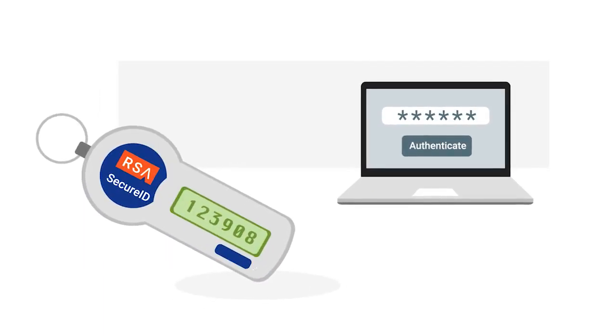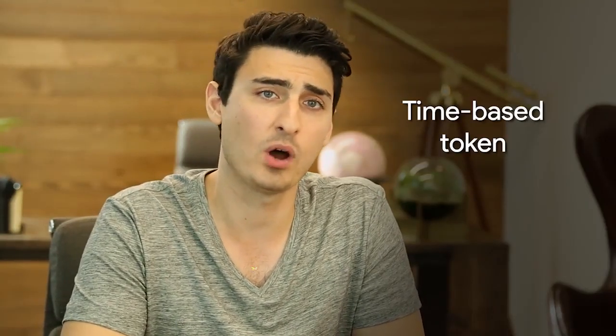An example of this is the RSA SecurID token. It's a small, battery-powered device with an LCD display that shows a one-time password that's rotated periodically. This is a time-based token, sometimes called a TOTP, and operates by having a secret seed, or randomly generated, value on the token that's registered with the authentication server.